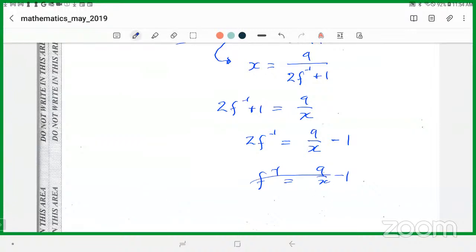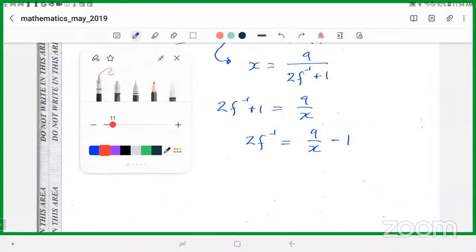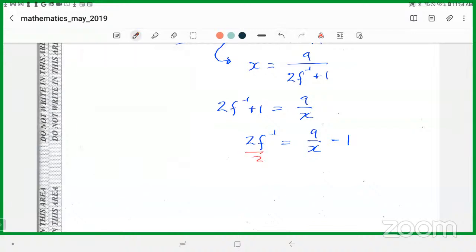So to move this 2 from here, it's like you divide each thing by 2. Put another way, instead of dividing by 2, we can say you multiply everywhere by half. So you half this, half that, and half this. Multiply everywhere by half. There are various ways you can get rid of that 2.